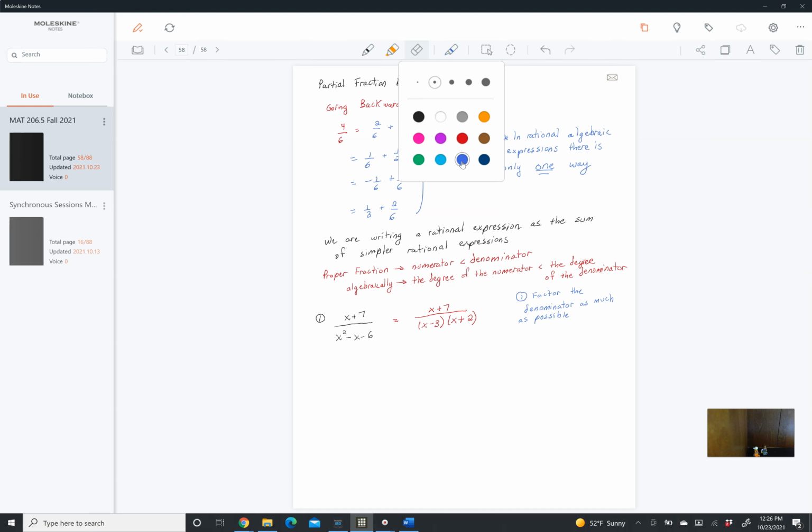So as much as possible is really important here. You can't stop just because you see a quadratic. You have to make sure that that quadratic isn't factorable.